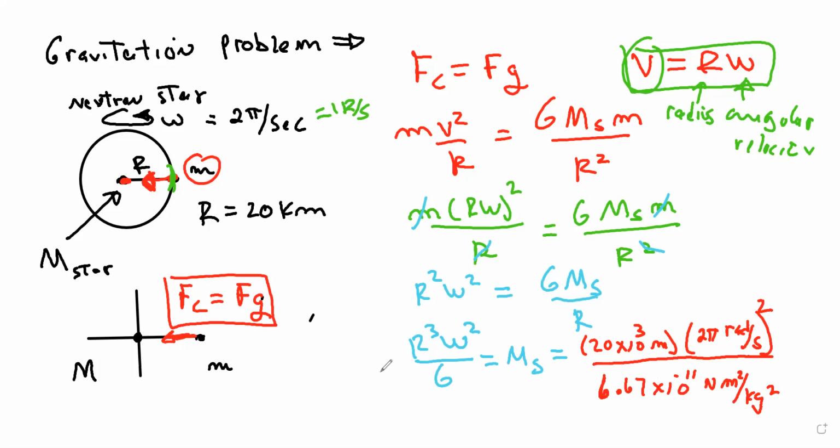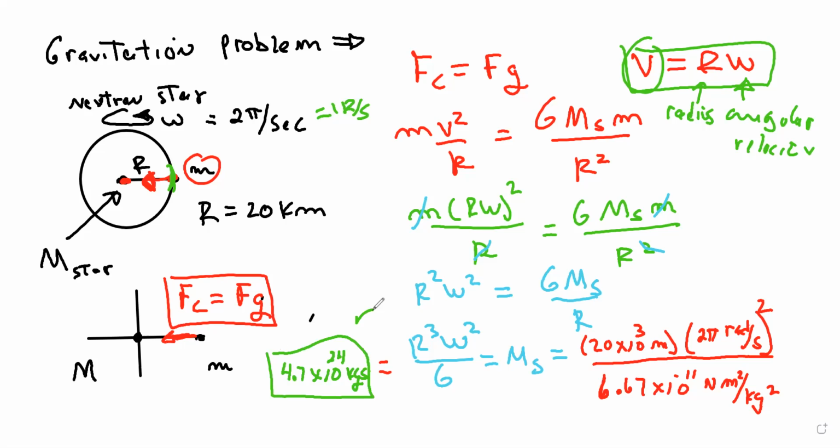If you do all this math, the answer is going to be 4.7 times 10 to the 24 kilograms. That would be the answer from the book.